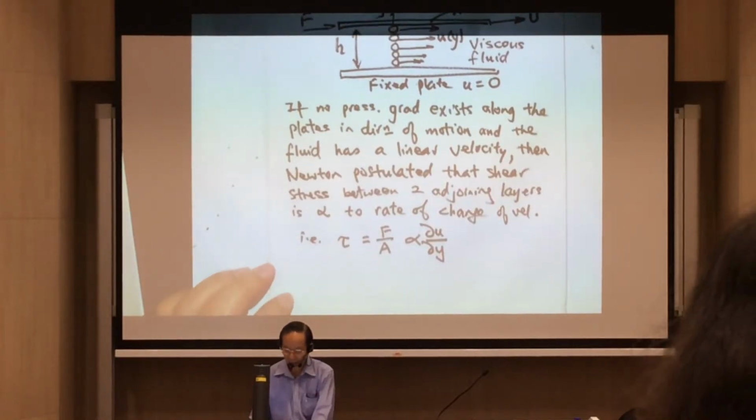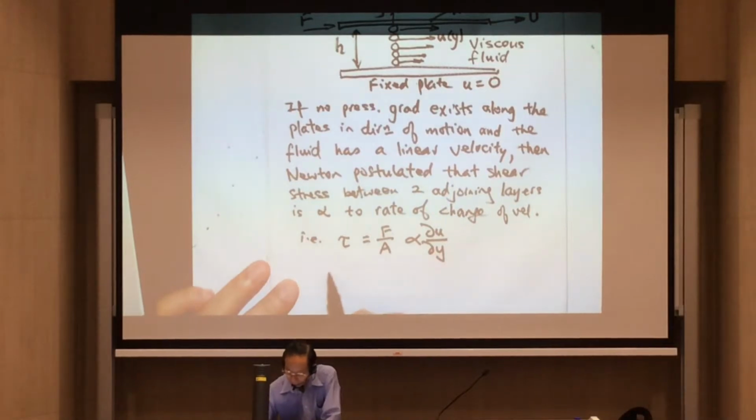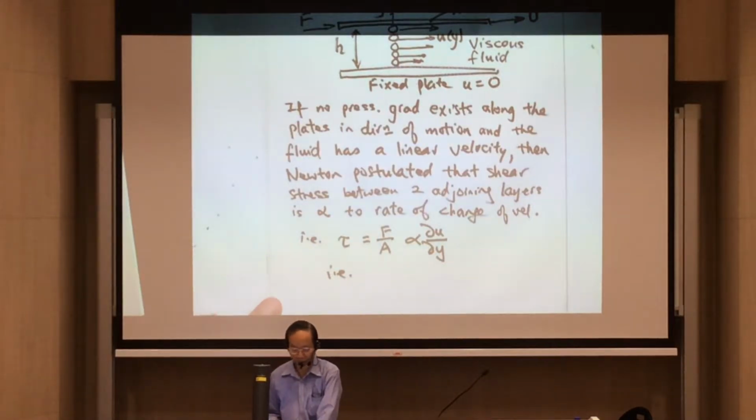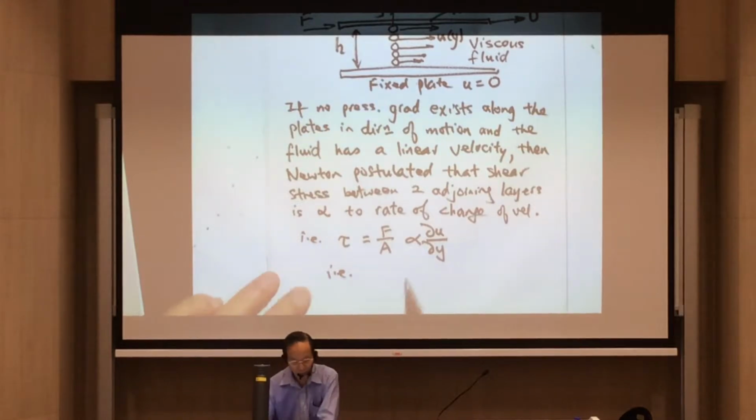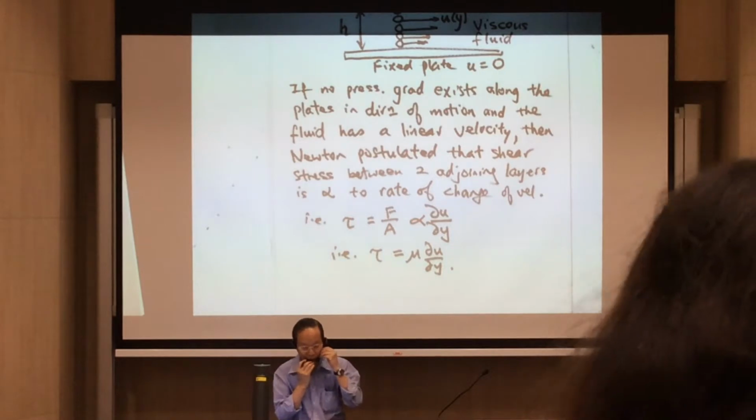Okay? And where does mu come from? Since tau is proportional to du/dy, the constant of proportionality is the viscosity mu. So tau is equal to mu du/dy. Okay? This is the quantitative relationship.